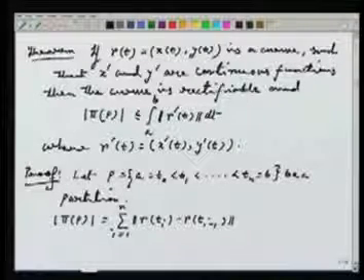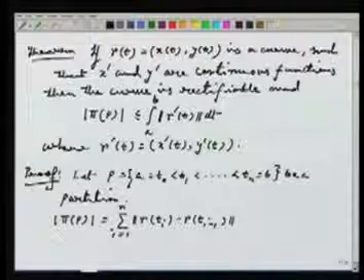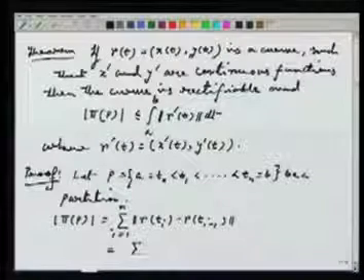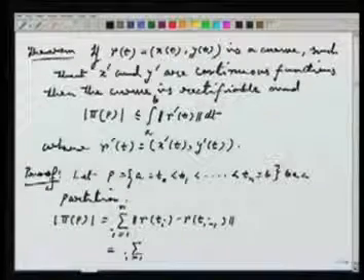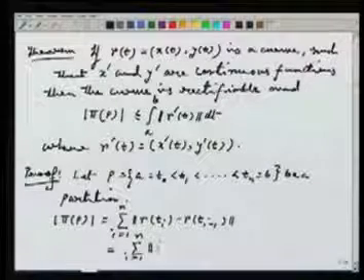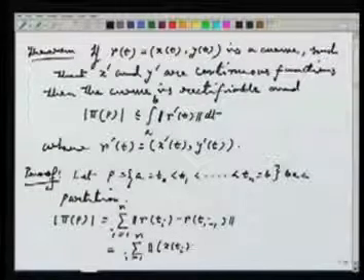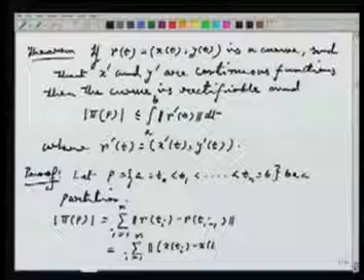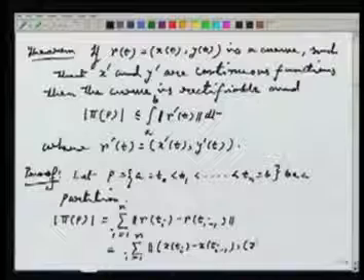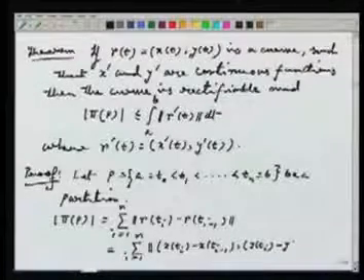Okay. Now, this is the quantity which I have to play around with. Well, I write that as summation i from 1 to n norm of (x(t_i) minus x(t_{i-1}), y(t_i) minus y(t_{i-1})).